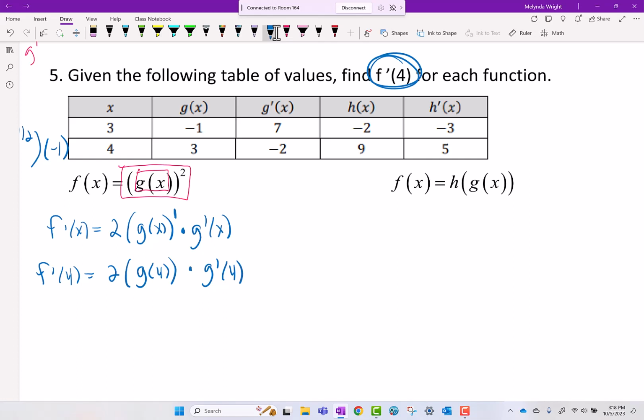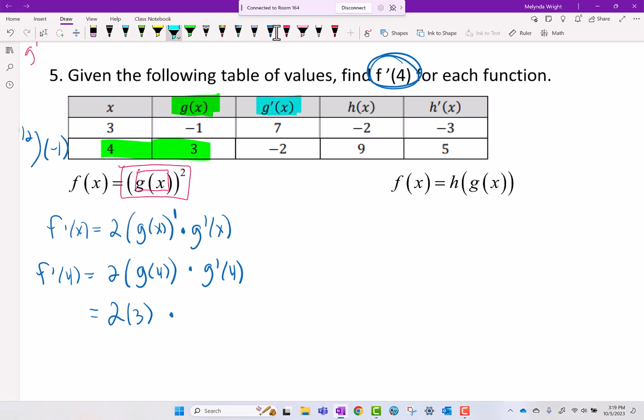So we're going to have to start getting numbers off of the table. I'm looking for g of 4. Let's see, here's g and there's 4. So g of 4 is 3. So 2 times 3 times g prime of 4.